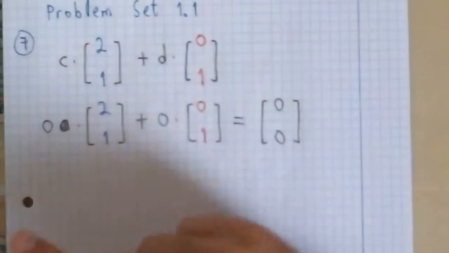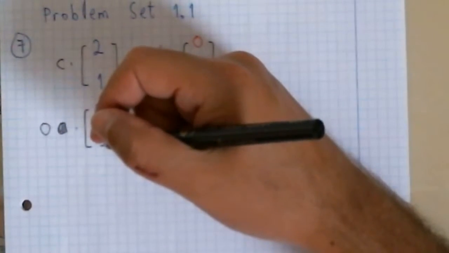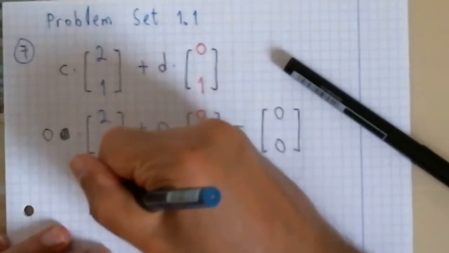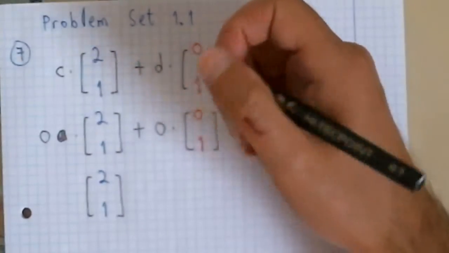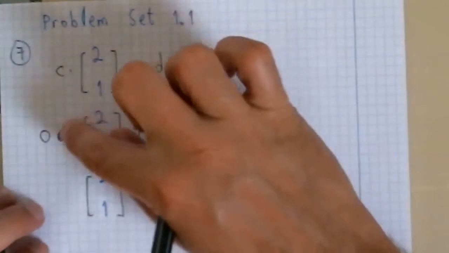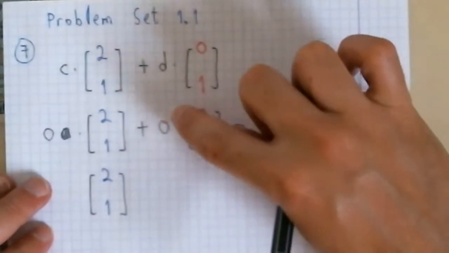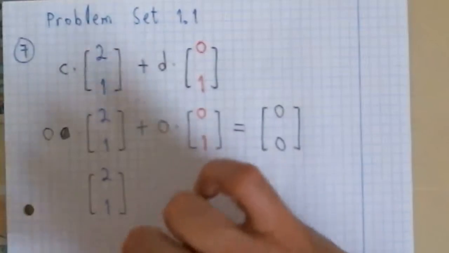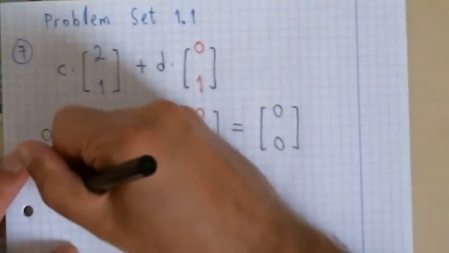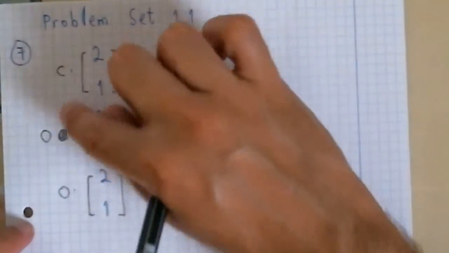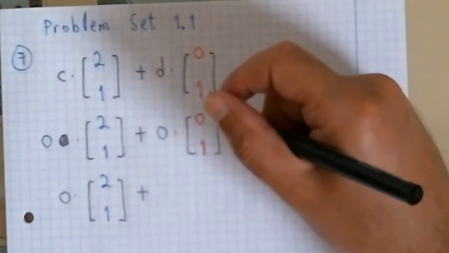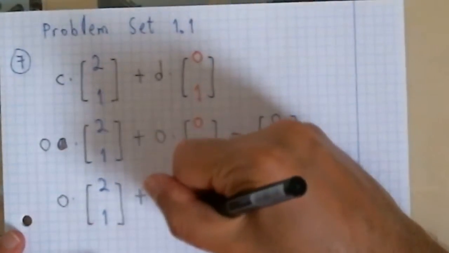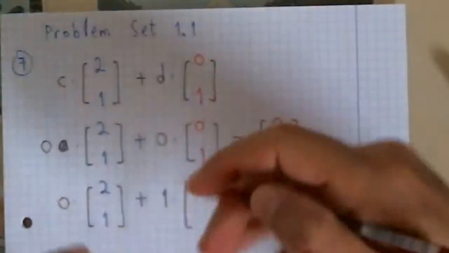Okay, so the second option that we have is the blue vector this time times... let's first make all the C's 0 and each time a different D, and after this we will change to the next C and also each time a different D, and then the last C and each time a different D. Okay, so we are still with 0 times the first vector, the C is still 0, plus this time 1 instead of D. Okay, and the red vector would be the same as it was, 0 and 1.